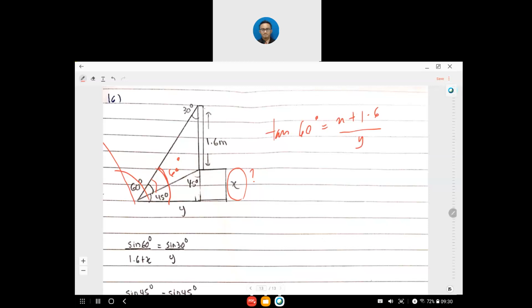The second one, tangent 45 degree equal to x over y. Kan? So solve simultaneously between this one equation, this one, two equation. Okay. Solve simultaneously. Okay. When you solve simultaneously, you can get the value of x lah.